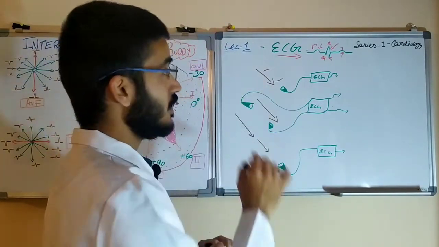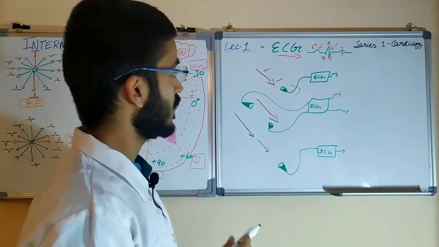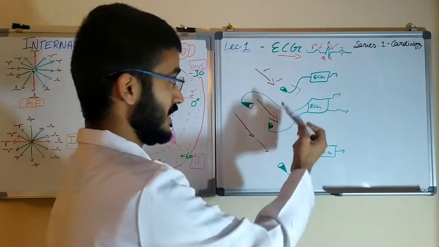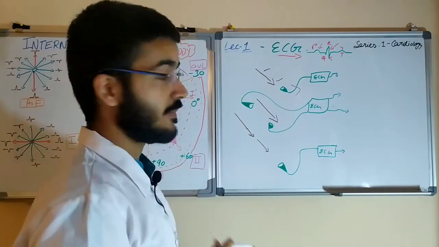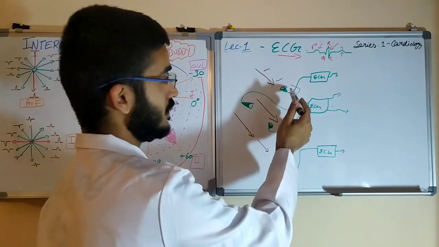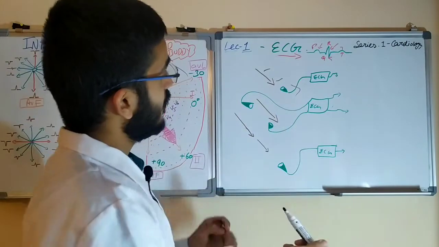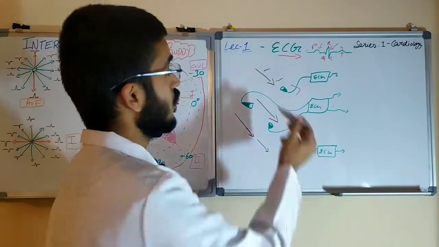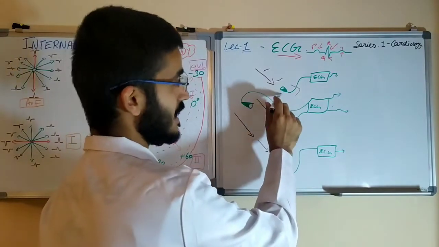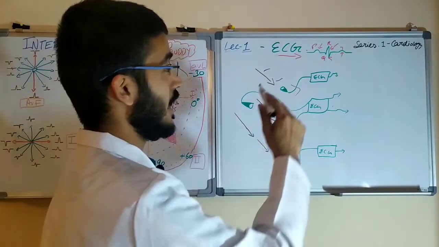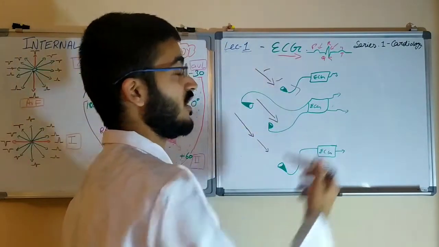This vector is received by this lead. We have fixed the lead in different directions with the same vector. Here the lead is receiving the same vector, but directly towards the direction of that vector. So let's see how this lead is going to receive it and how the ECG machine is going to present it in the form of a wave.